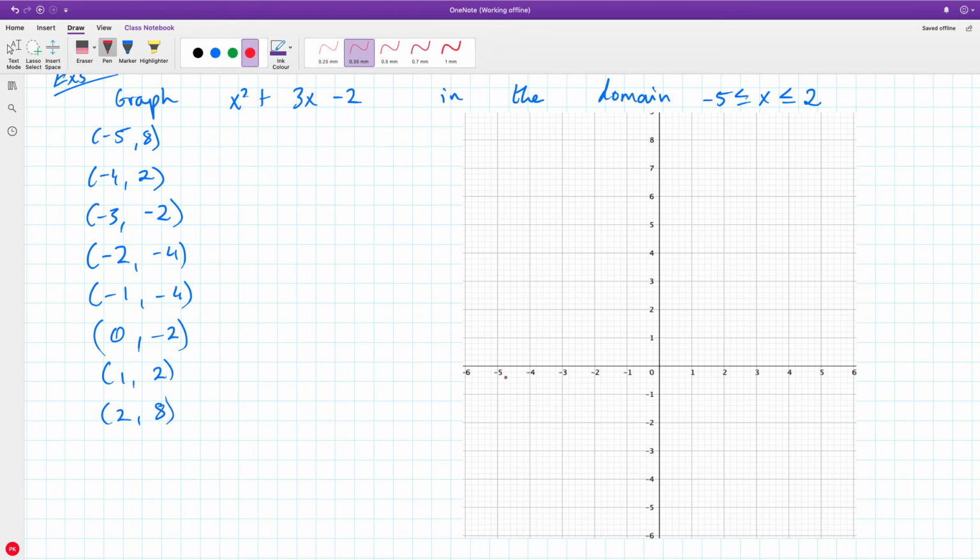So, minus 5, 8, minus 4, 2, minus 3, minus 2, minus 2, minus 4, minus 1, minus 4, 0, minus 2, 1, 2, and 2, 8.